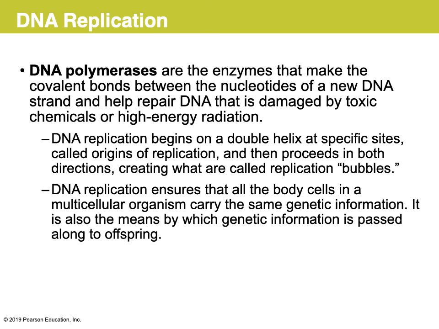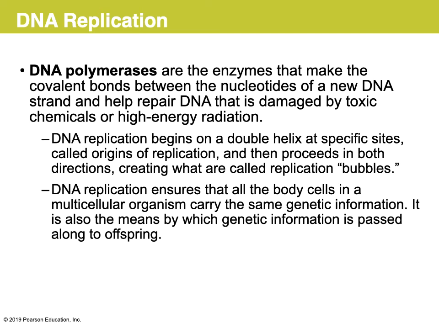But if multiple people started copying the book at different chapters, then those people working simultaneously could make a copy a lot faster, right? So the fact that it starts at multiple sites called origins of replication means that you get much more rapid copying than if it was just starting at one end of the strand and working all the way to the other end of the strand.